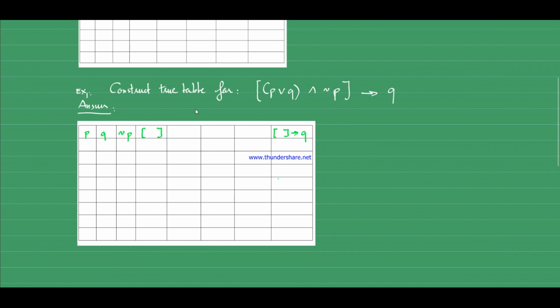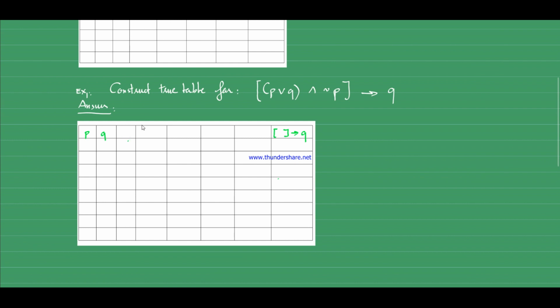Oops, I think we missed something. Oh, we forgot a P. We forgot P or Q also. So I'm going to erase this. We don't want to miss anything here.